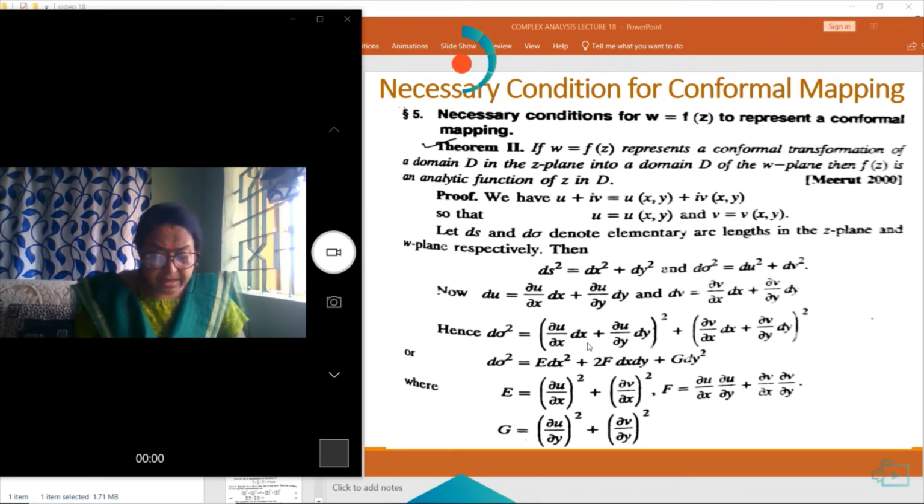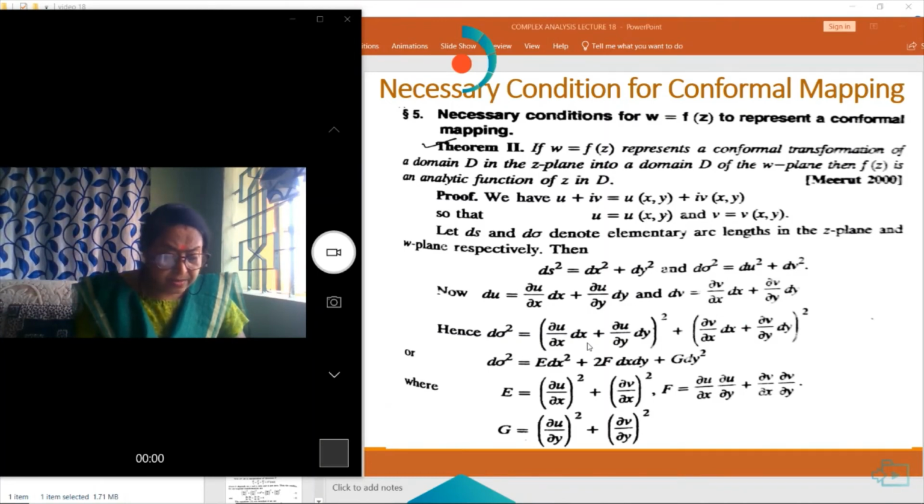Then ds square, as we have done earlier, is equal to dx square plus dy square. Similarly, d sigma square is calculated here. If I write it, d sigma square can be written as E dx square plus 2F dx dy plus G dy square.